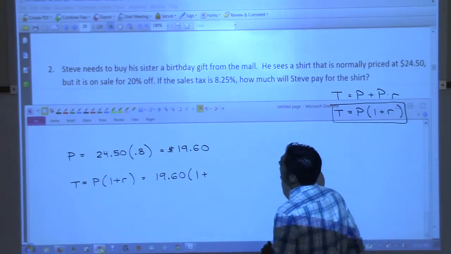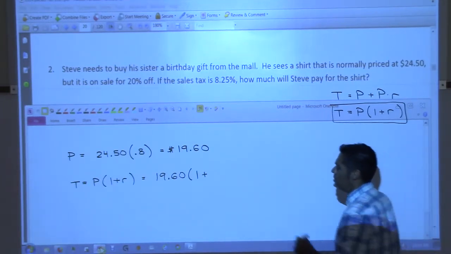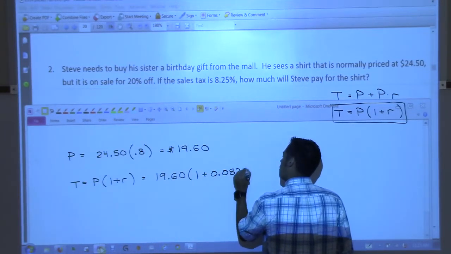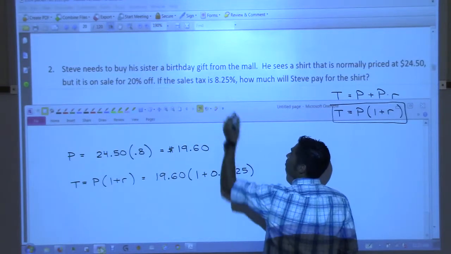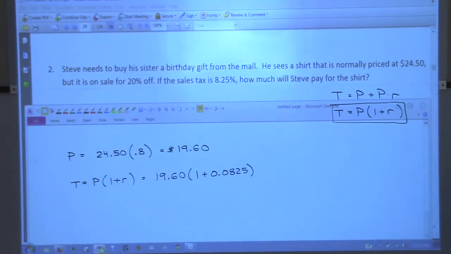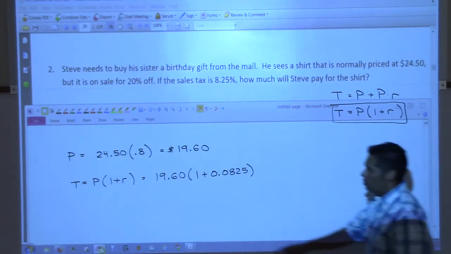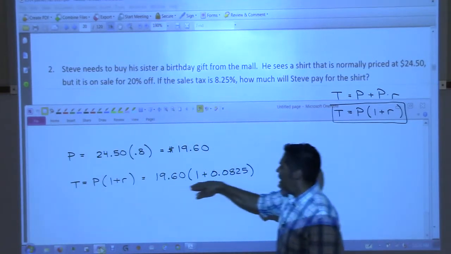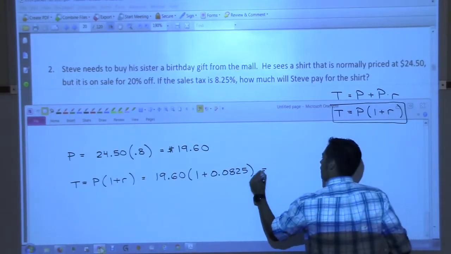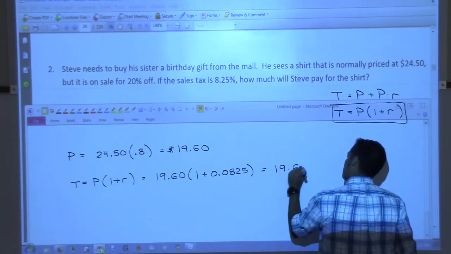So I need to convert 8.25% to a decimal, 0.0825. I just move that decimal point 2 places to the left. So my total is going to be this computation. I can just use my calculator for that. I can do what's in parentheses first.